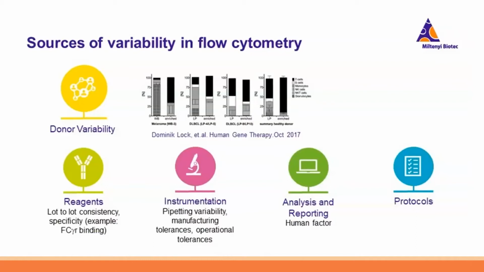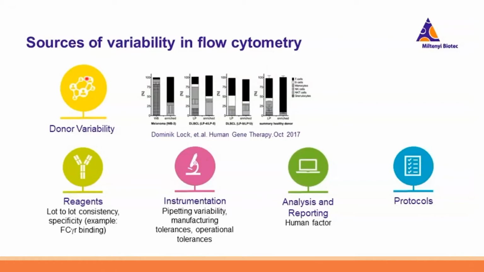There are several factors which affect variability in flow analysis. One of the big factors of this data variability is the donor, so the biological material that one is using.